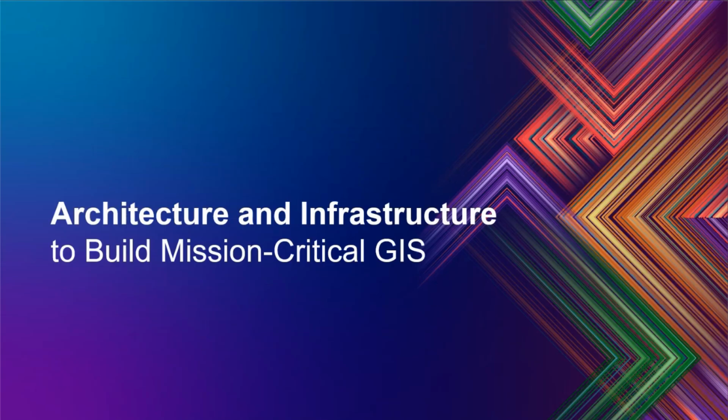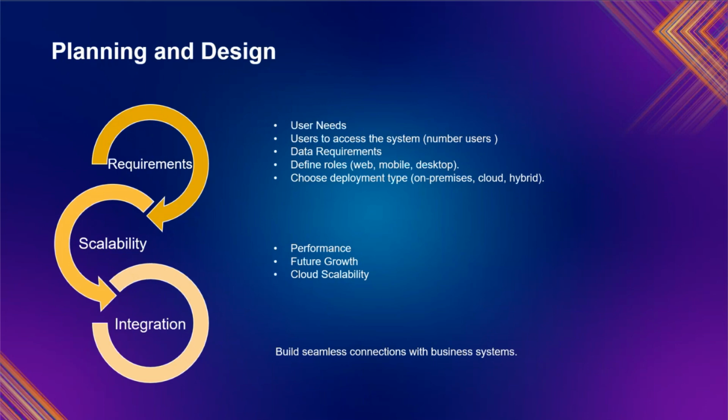So let's talk a little bit about system architecture and design. Before you plan or implement the system, you have to understand the requirements, the need for this system: who is going to access it, how many users are going to access it. Is it a public application you are going to create, or an in-house application accessible by GIS users within the organization? And what are the roles of this application: is it a mobile application, desktop application, or web application?